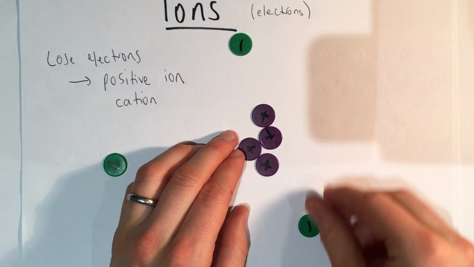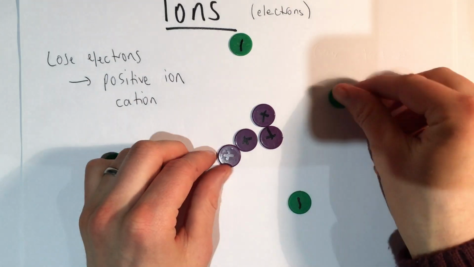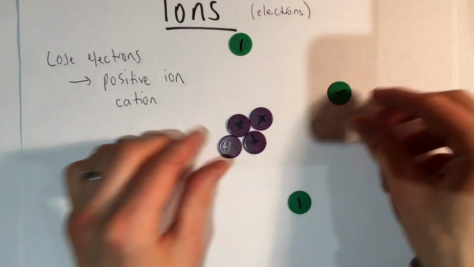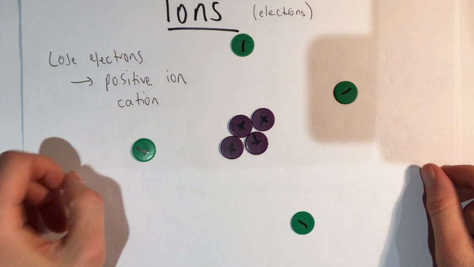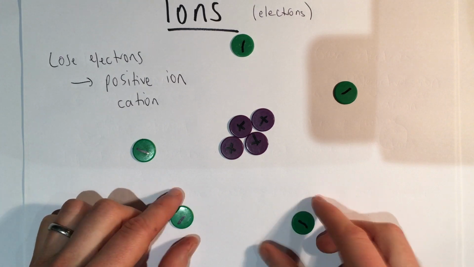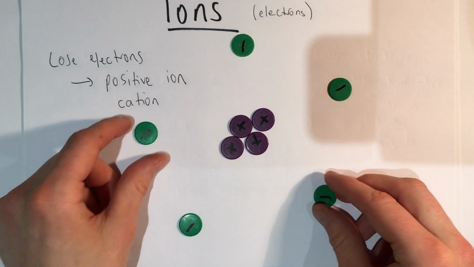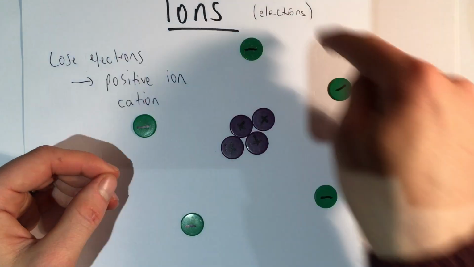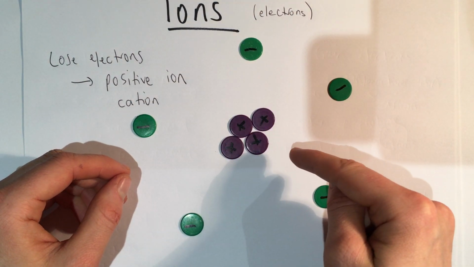Here's another situation. If we go back to our atom, which has 4 positive protons in the nucleus and 4 negative electrons around the outside, what if we could add another electron on? If that happened, we've now got more negative electrons than positive protons.